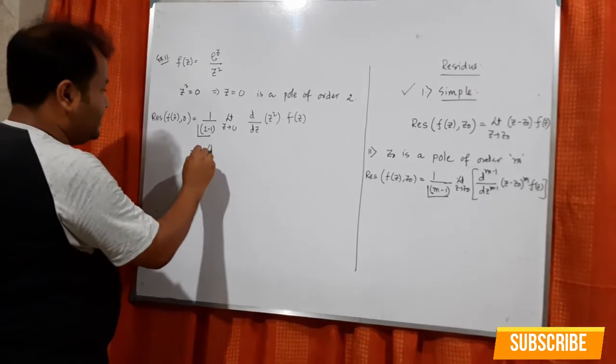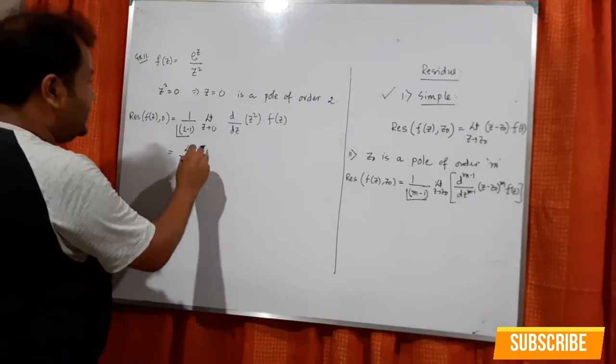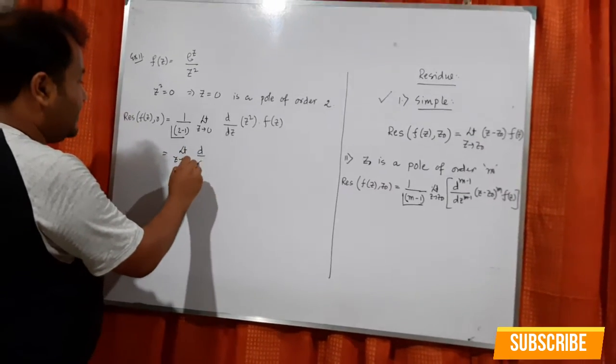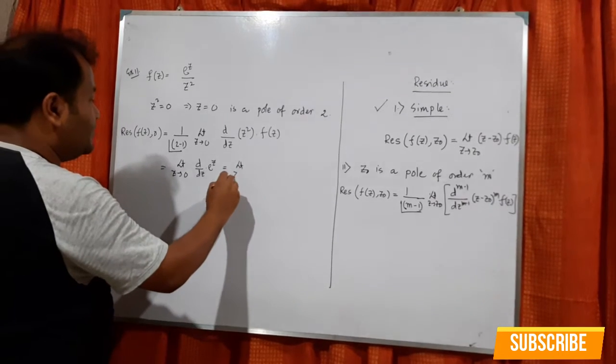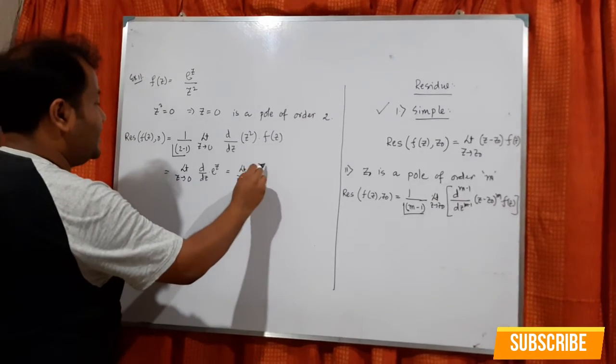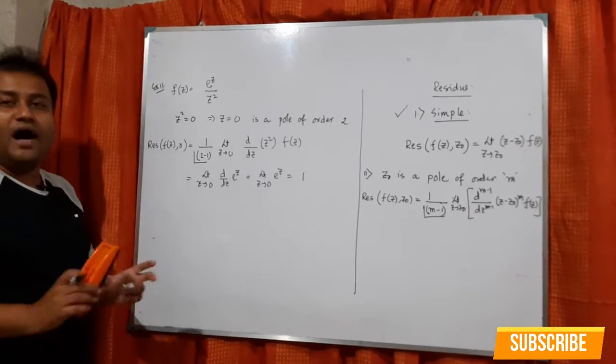This is basically limit z tends to 0 of d dz of z square into f of z, which is d dz of e power z only. So it will be limit z tends to 0 of e power z equals 1. So here the residue will be 1.